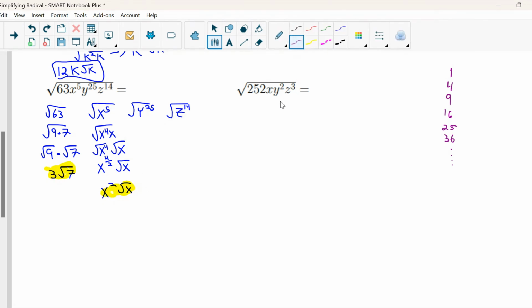All right, y to the 25th power. I'm going to split that up as well, into y to the 24th times y. 25 is not divisible by 2, but 24 is, so we're going to go with that.